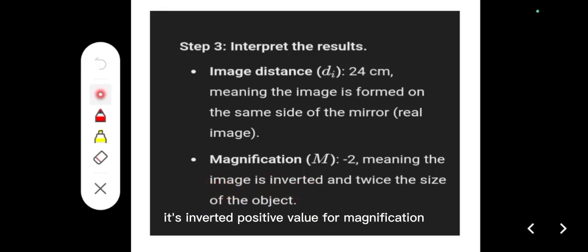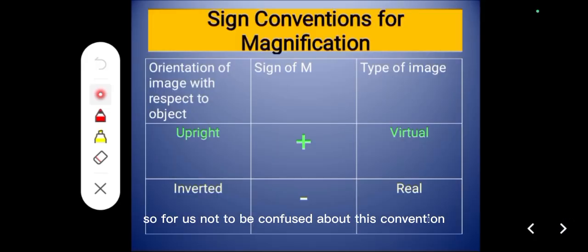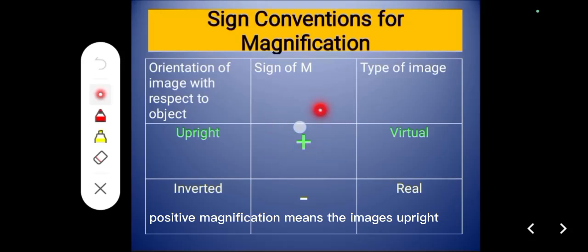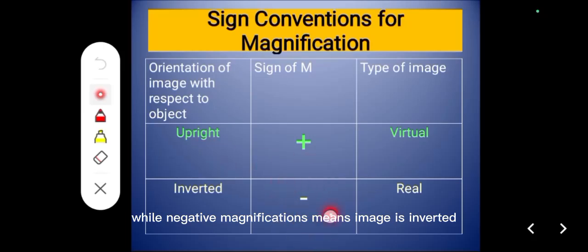A positive value for magnification means the image is not inverted, or it's called upright. So for us not to be confused about this convention, I give you this list. As I mentioned, positive magnification means the image is upright, while negative magnification means the image is inverted.